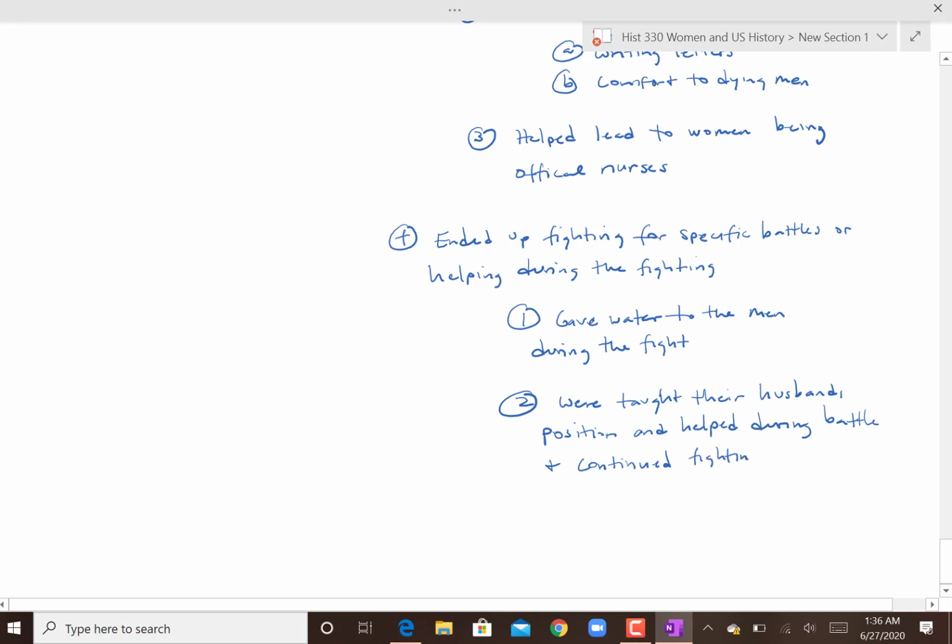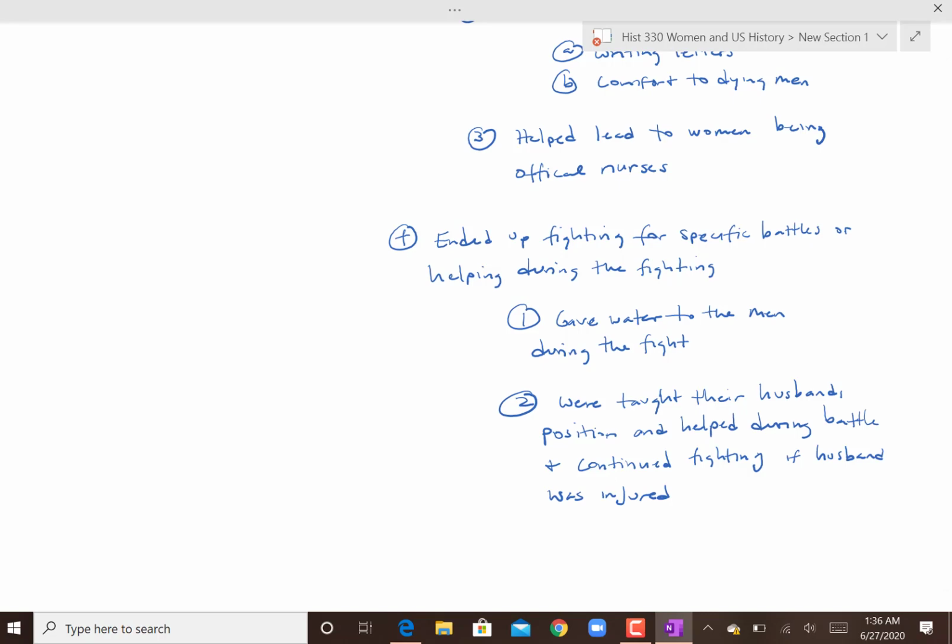So there were a couple of cases where, like one gunman, he was on one of the cannons, and he taught his wife how to fire the cannon and how to aim and do all of that. And when he got shot, for at least this one story, he didn't die, but he fell and was taken to the hospital. She then took up his post and continued firing those cannons throughout the battle.